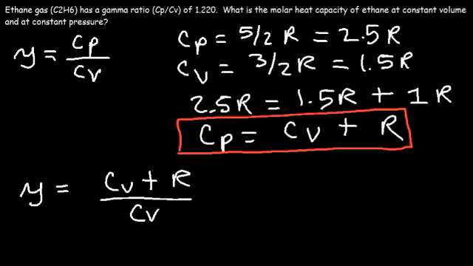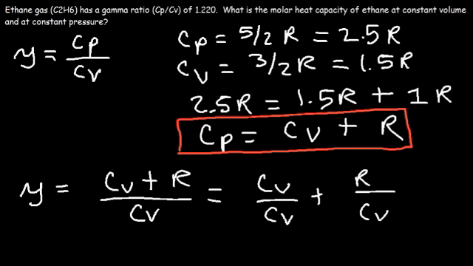So basically, we replace Cp with Cv plus R. And we could separate this into two fractions. We could divide Cv by itself and R by Cv, which means that gamma is 1 plus R divided by Cv.